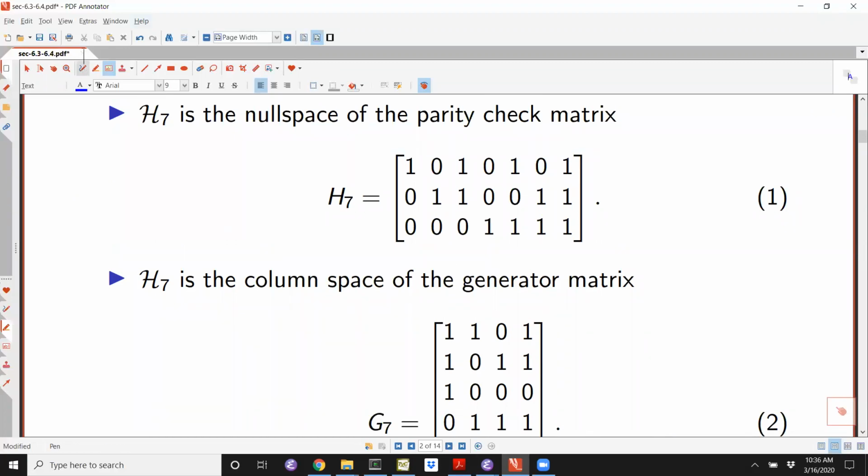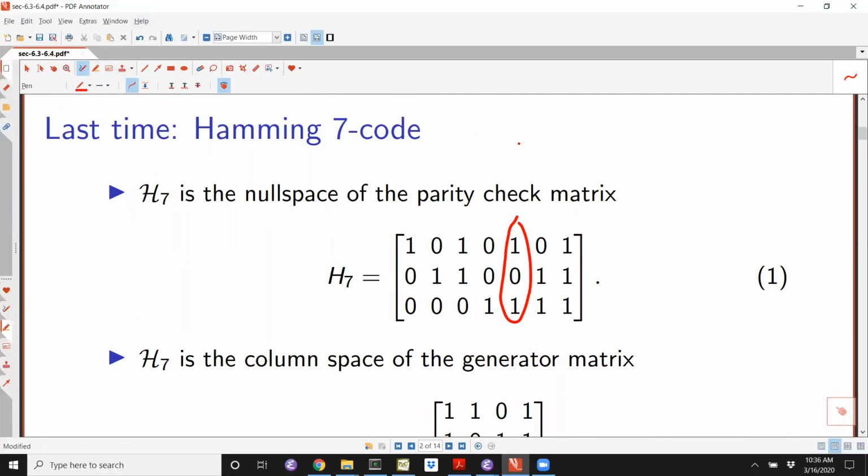Let's see if this works. So if I look, for example, at column 5, well, column 5 is not a good column to illustrate my point here. My bad.